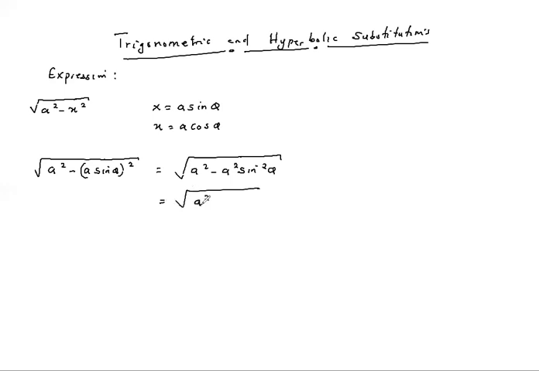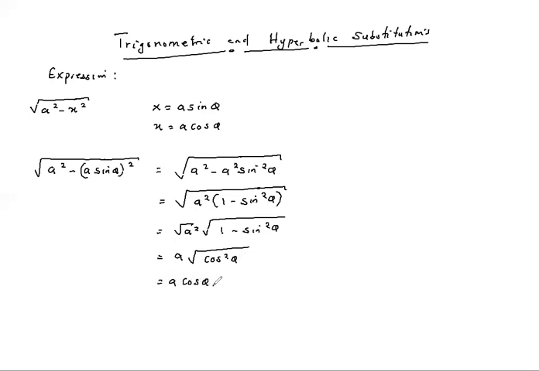So you have a squared and then 1 minus sine squared theta. Then we have the square root of a squared multiplied by the square root of 1 minus sine squared theta. The square root of a squared is just a, and 1 minus sine squared theta is cos squared theta. So what we have now is a cos theta, so it can come out of the square root.